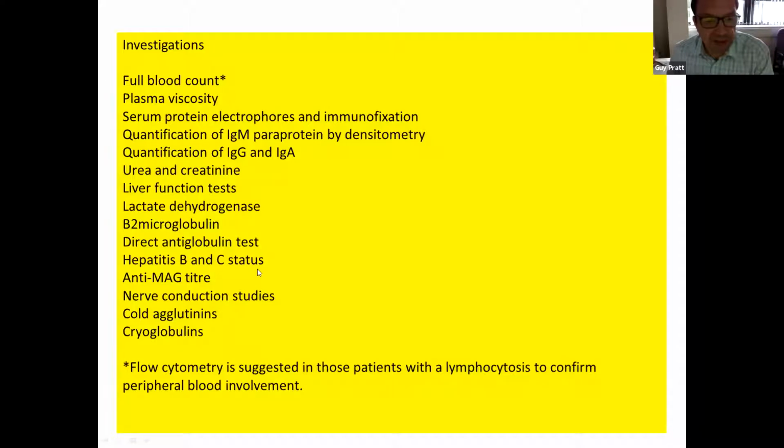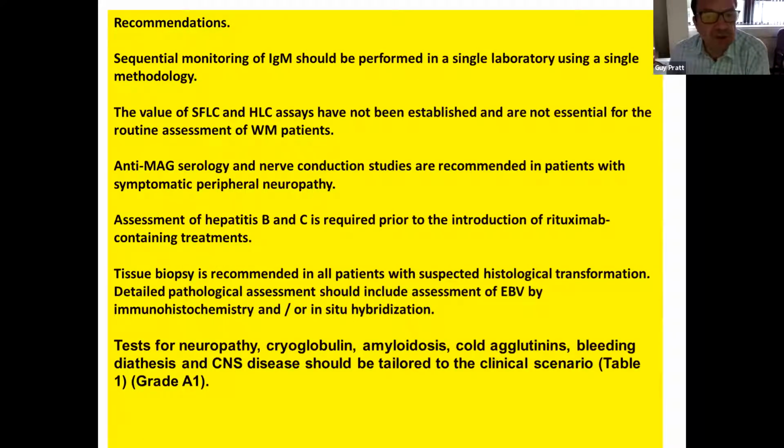And then around the tests and investigations that we should do. I'm not going to spend a lot of time on these slides, but it just gives you a flavour of what kind of things you recommend in a guideline, about monitoring, about what tests you should be doing and when you should be doing them, and it's guiding you in that sense.